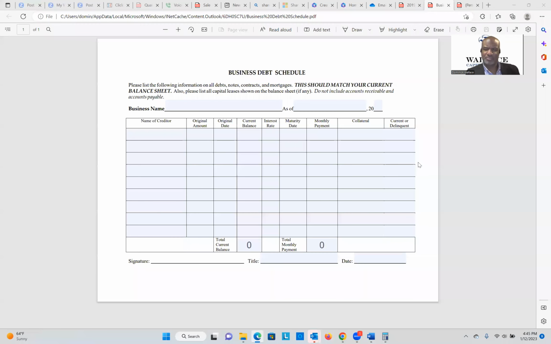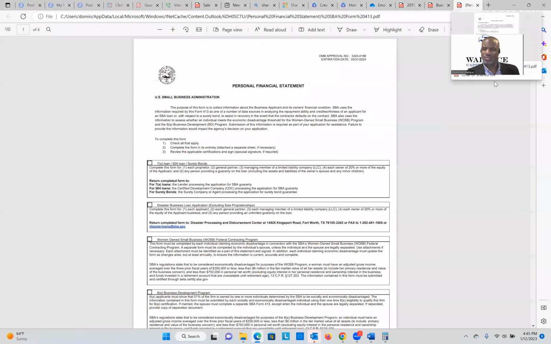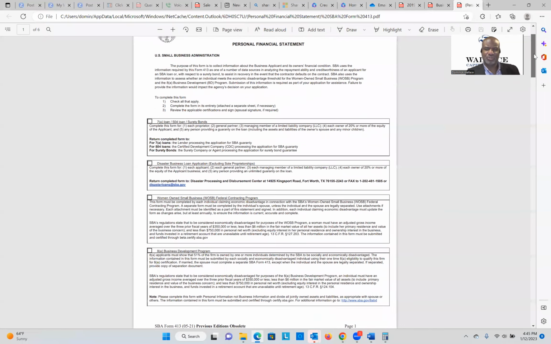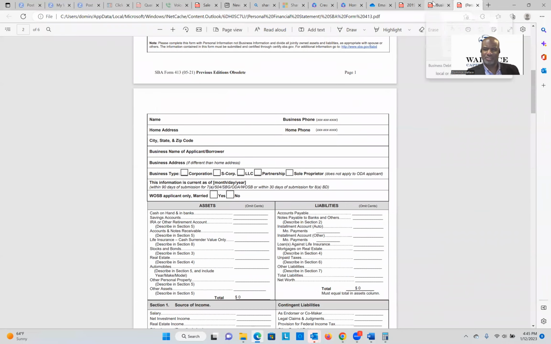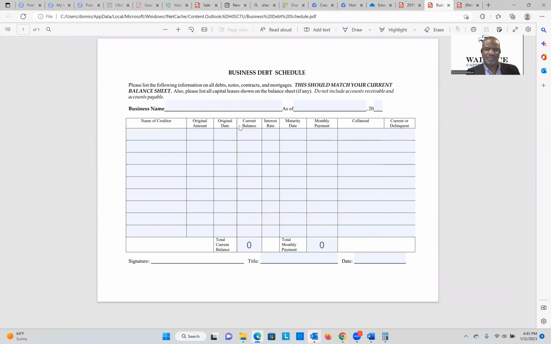One of the common mix-ups is business debt versus personal debt. Personal debt goes on the personal financial statement. Typically on a business, you have all your liabilities, long-term debts like credit cards, business loans, leases. It depends on the type of lease, but my suggestion is to go ahead and put it on there.